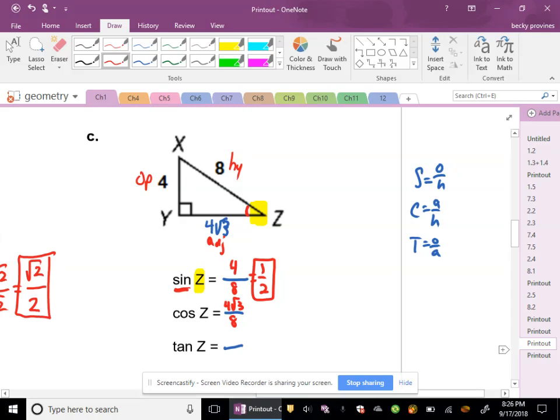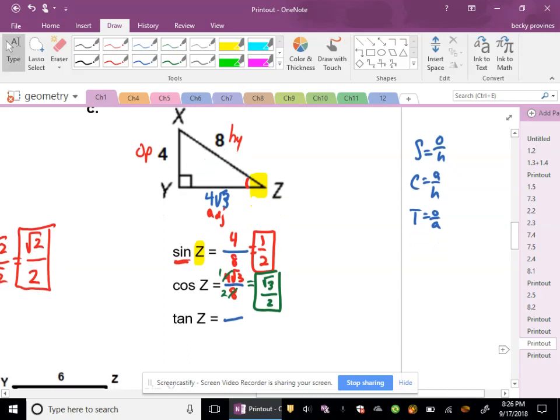You don't have to fix it, but you need to look at it and see if you can simplify it. And you can, because 4 goes into 4 once and 4 goes into 8 twice. So this is going to simplify into root 3 over 2. So cosine is now finished.